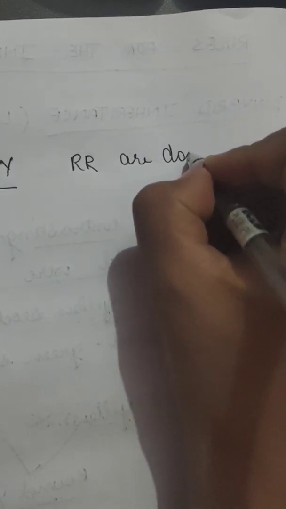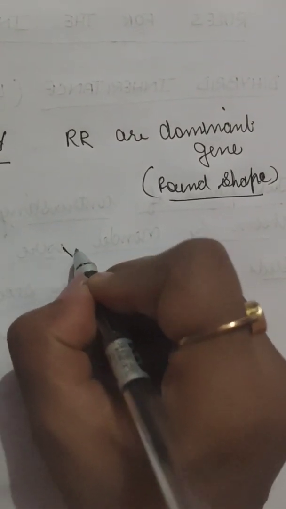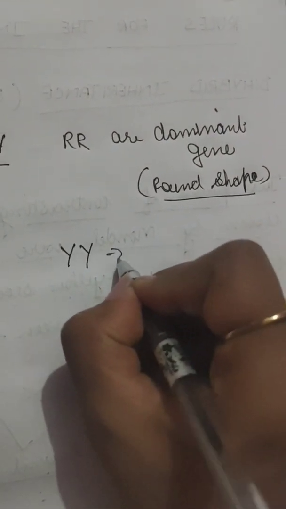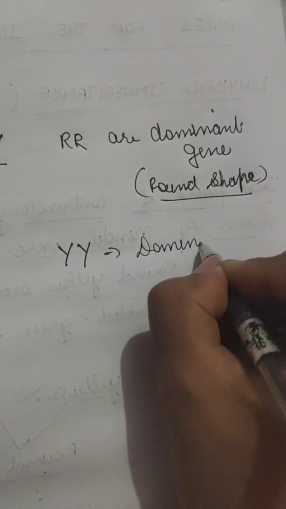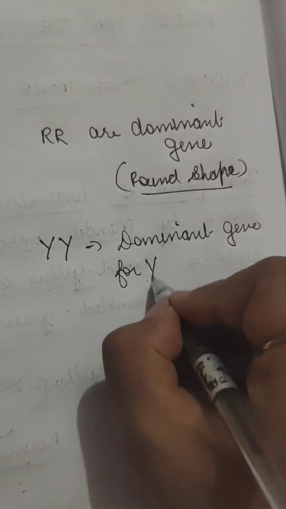Here R and R are the dominant gene for round shape, because we have just discussed that round shape is dominant. And this capital Y is again the dominant gene for yellow color.